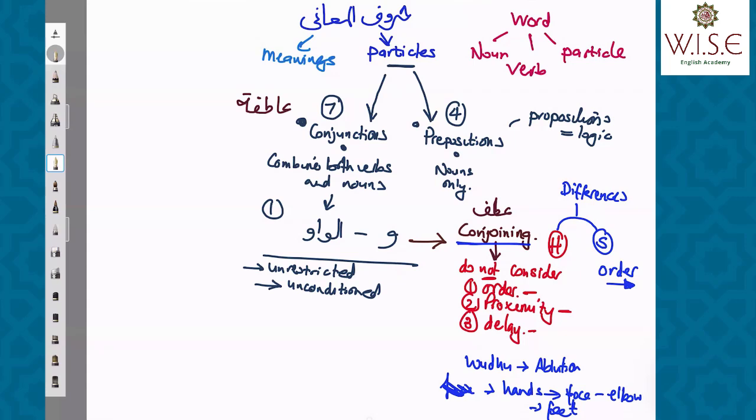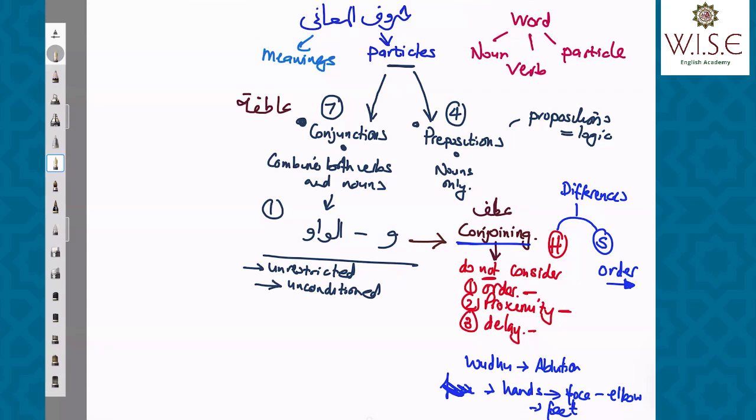So the question you have to ask yourself is: if you speak to Zaid, what comes before the and, Amr afterwards, are they both together, or conjoining, or are they both separate?